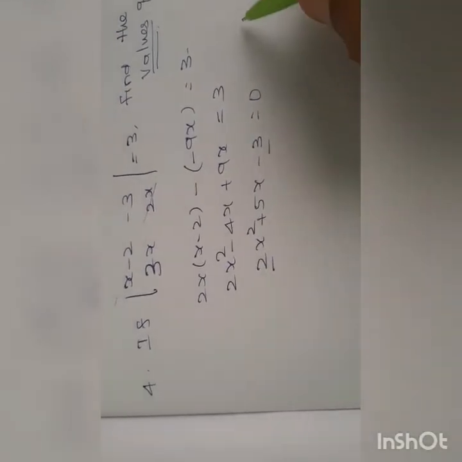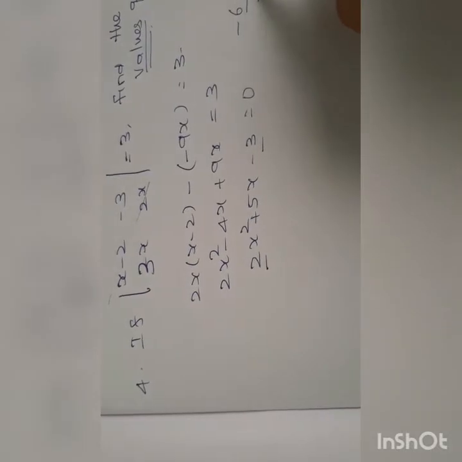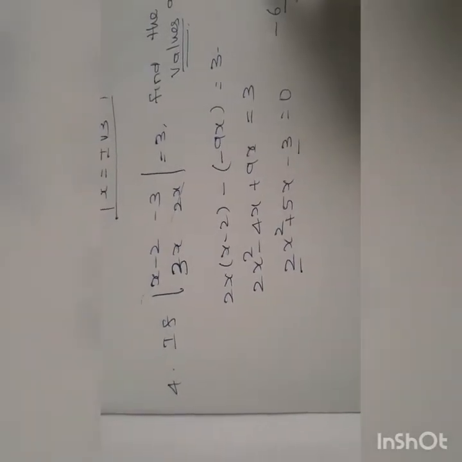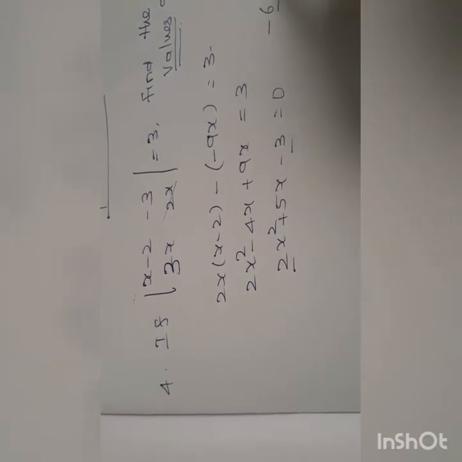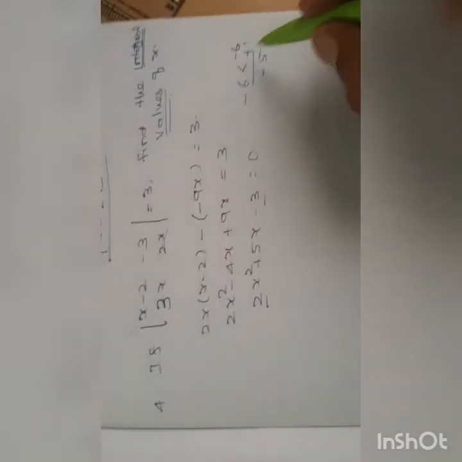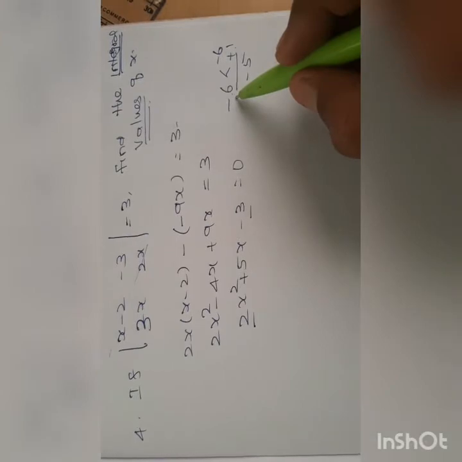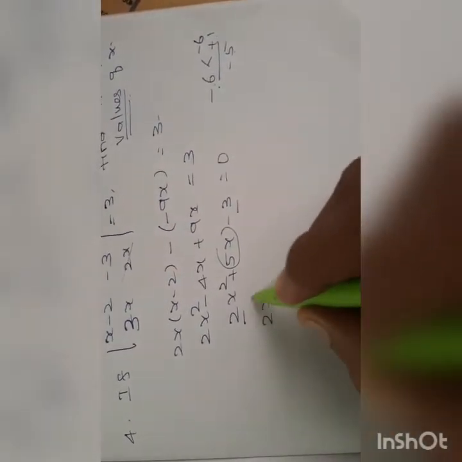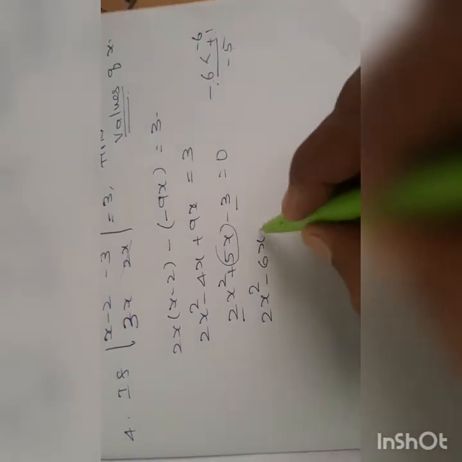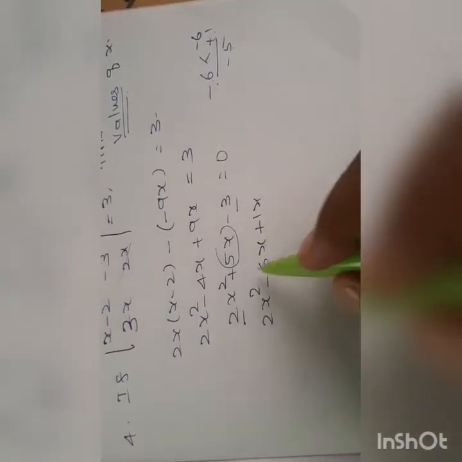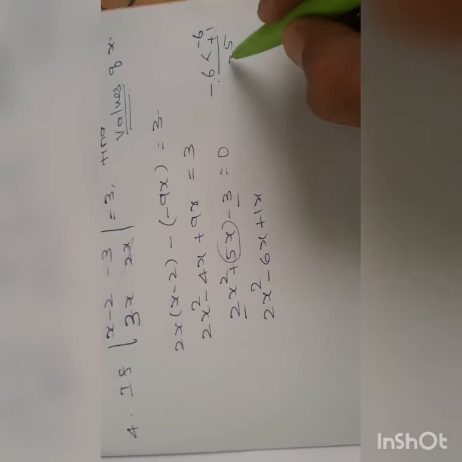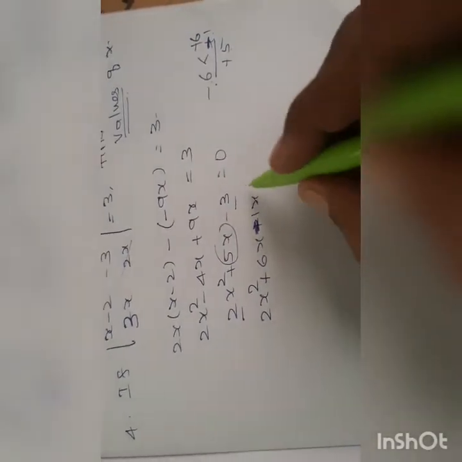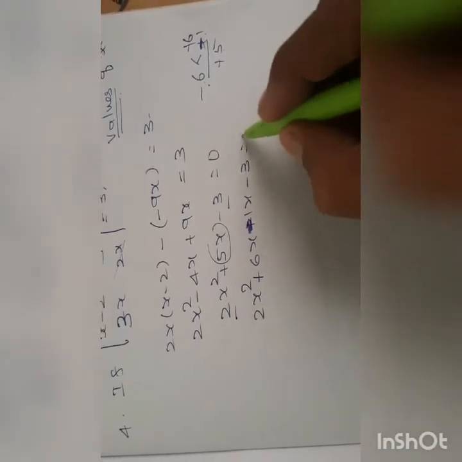Two threes are 6, and we need 5, so we take minus 1 and plus 6. Multiplying gives minus 6, adding gives 5. So I can write this 5x as 6x minus 1x. So 2x square plus 6x minus x minus 3 equal to 0.